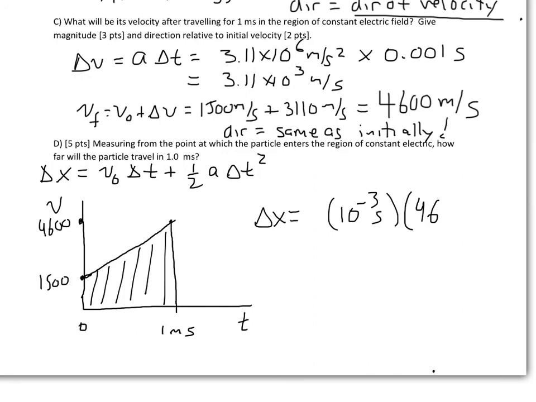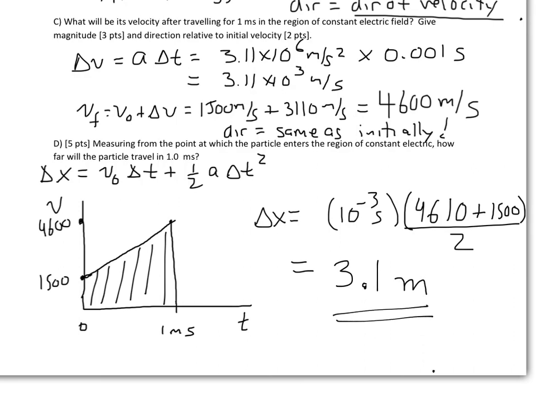So I'll put an extra significant figure here. And this number turns out to be 3.1 meters, which is the final answer. That's the distance that the particle travels in that 1 millisecond.